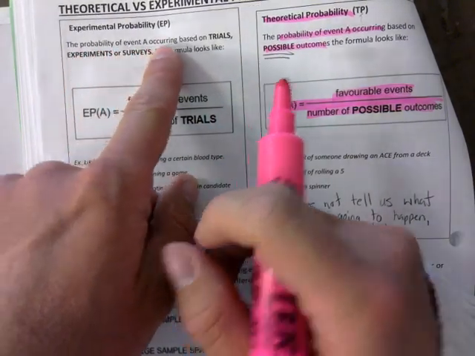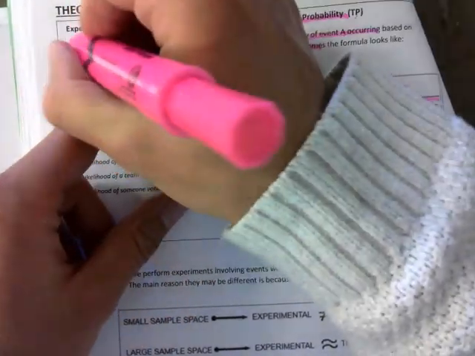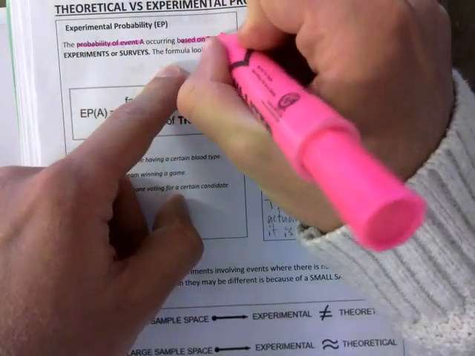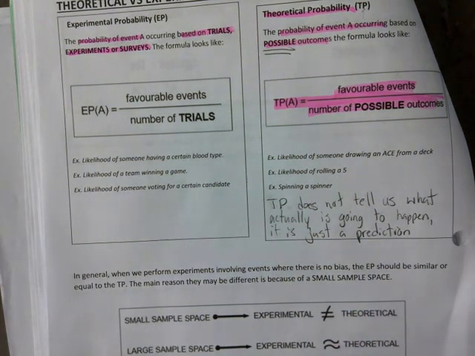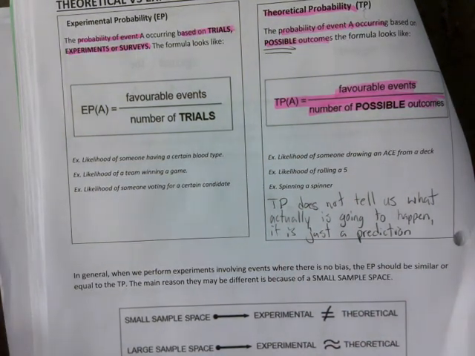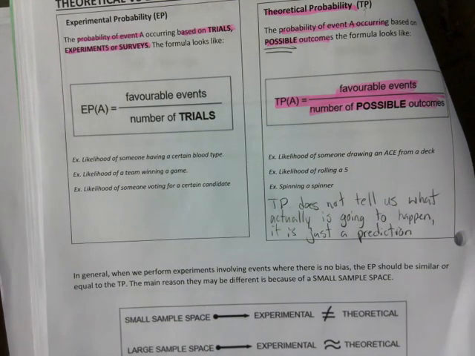So the probability of event A occurring based on trials, right? Based on trials, experiments, or surveys. So if we actually roll a dice 6 times and we don't roll a 6, then what would our probability be based on that experiment of rolling a 6? If we rolled it 0 times out of 6 rolls, 0. It would be 0 based on that experiment.